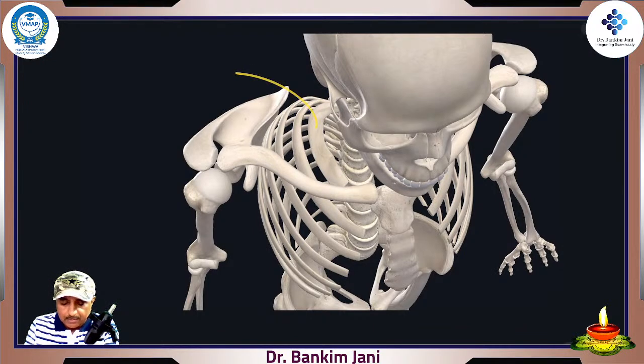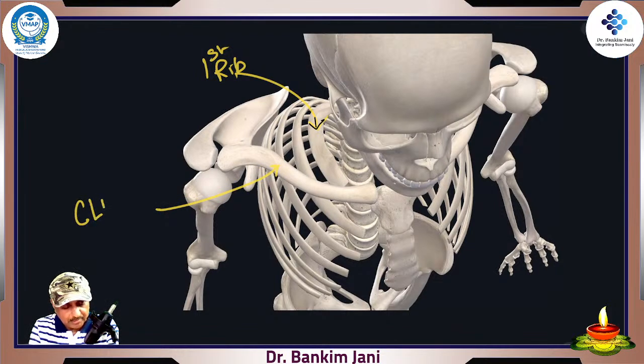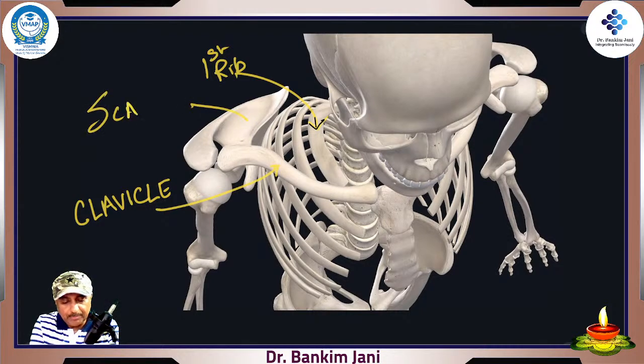I'm talking about this one. That one is the first rib. This one is obviously the clavicle, and this one is the scapula. I'm writing the scapula very grossly.